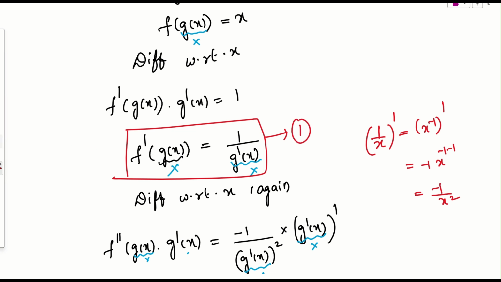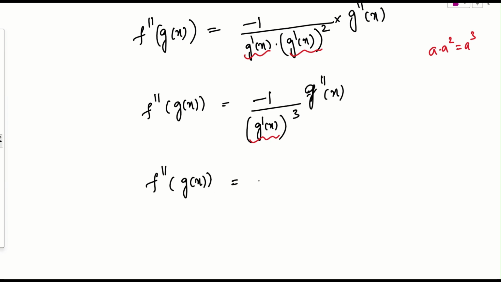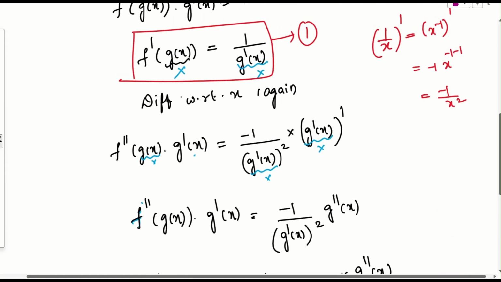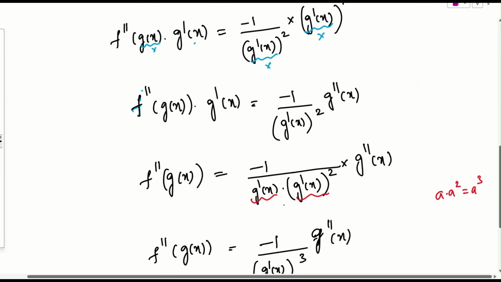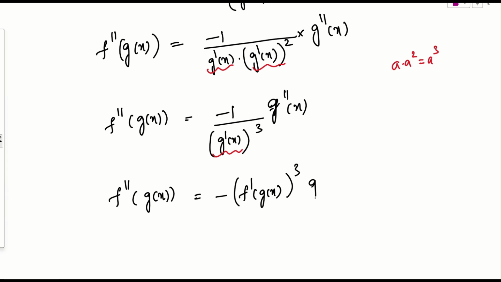That will be f dash of g of x. Agree? So I'll be applying the same here. So f double dash of g of x is nothing but, in place of 1 by g dash of x, I'll write f dash of g of x. Here we have the whole cube, so I'll write the whole cube. Everything else I have not changed. This is g double dash of x. Nothing else I have disturbed.